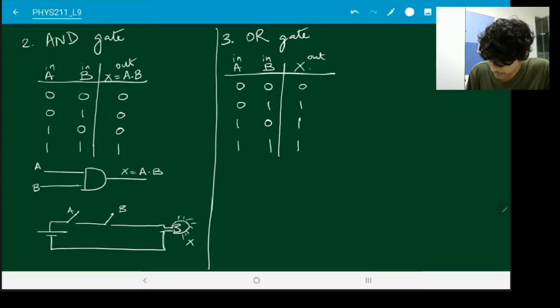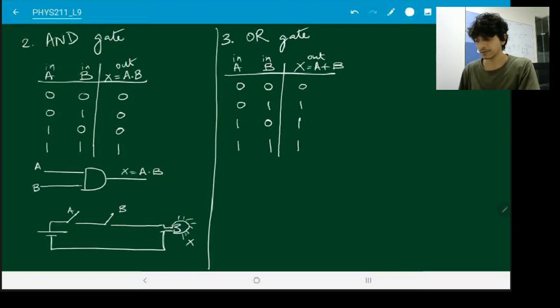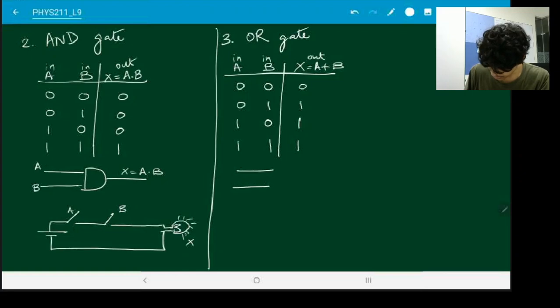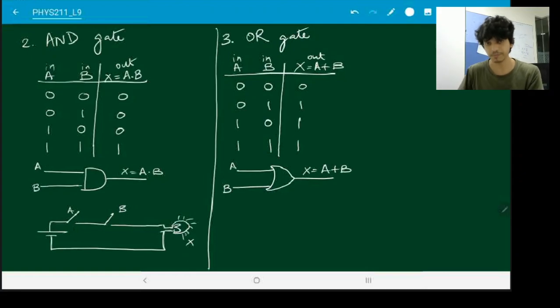So this is represented as A plus B. Now you might think 1 plus 1 should be 2 or 10 or something, and yes, in some sense you're right. But remember that this plus over here is not an actual plus, it is the OR logical operation. So that's what we mean. 1 or 1 is 1. And this is represented in circuits by this following symbol. So A, B, this is the output, which is A or B.